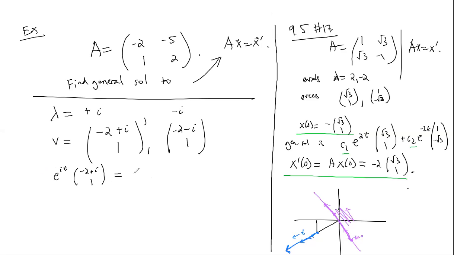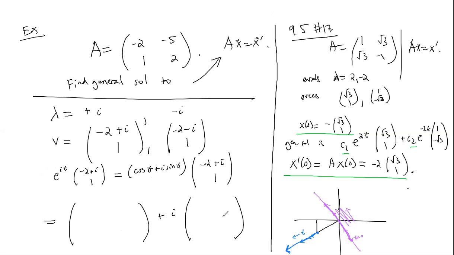So this equals (cosine of t plus i sine of t) times (-2 plus i, comma 1), which equals, we want to write it as its real plus its imaginary. And then those are going to give us general solutions.